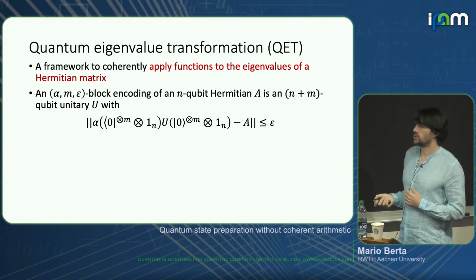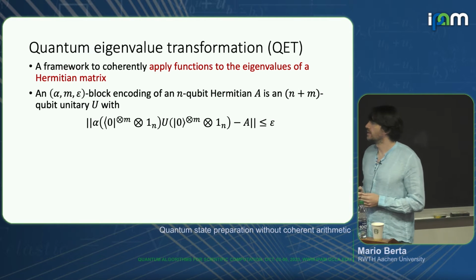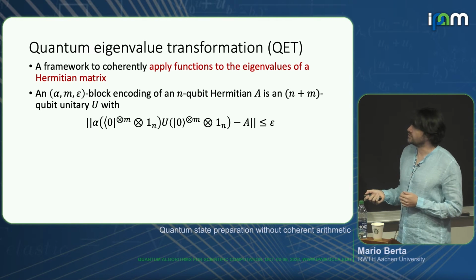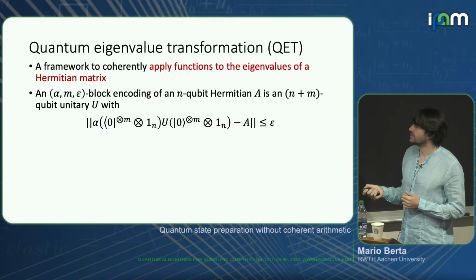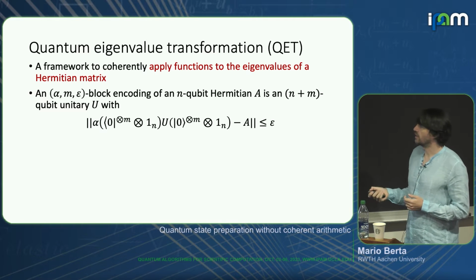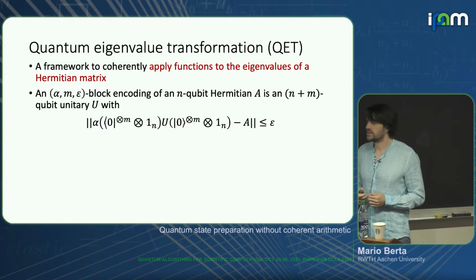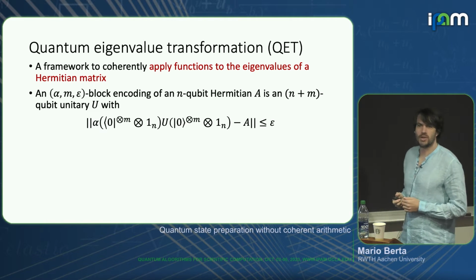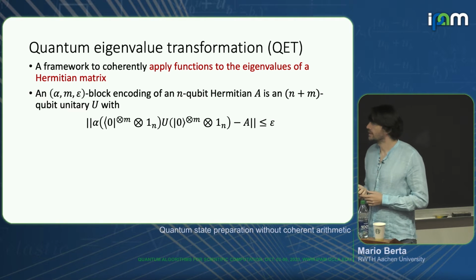You want to choose it in a way that you have a larger unitary matrix, such that if you throw away the additional m qubits, this is the sandwiching with ⟨0|^⊗m, then what you get back is the original matrix A. Of course, in general, if you want to achieve a unitary, you have to be careful with the normalization of your original matrix, and you might also allow for some approximation error. So this would be the operator norm here.